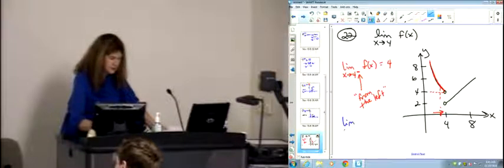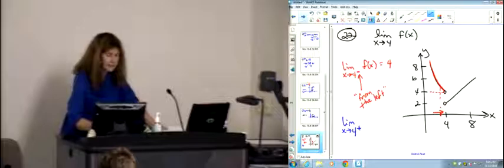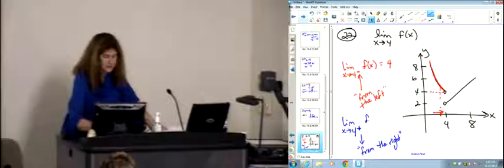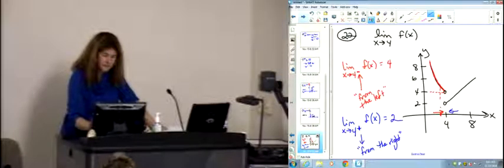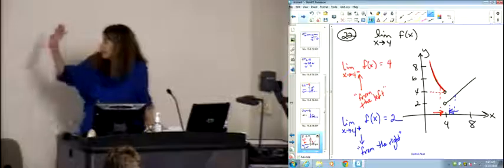What about the limit as x approaches 4 from the right? Okay. This is like math shorthand. What's that? It's 2. That's right. Because as we come in from the right, the closer we get to 4 from the right, we're up here on this kind of linear piece.